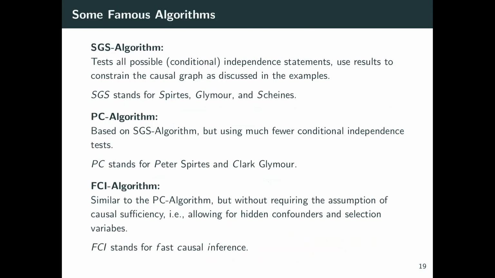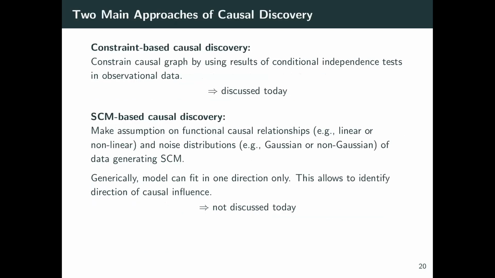So algorithms that automatically do what we've done by hand here are the SGS algorithm, which is kind of inefficient, and the state of the art would rather be the PC algorithm, which is much more efficient in terms of complexity, but uses causal sufficiency. And the FCI algorithm is similar, but it does not require the assumption of sufficiency. So the FCI algorithm would give you the graph that we did by hand now, just based on the knowledge.